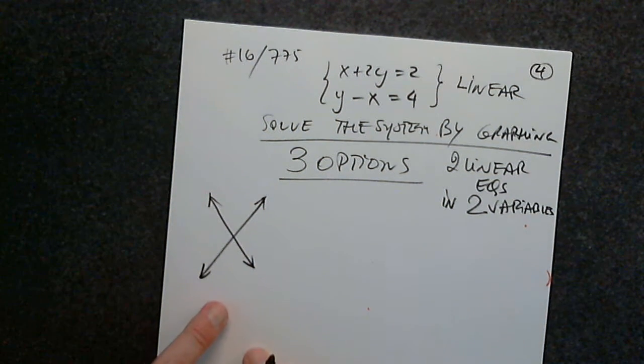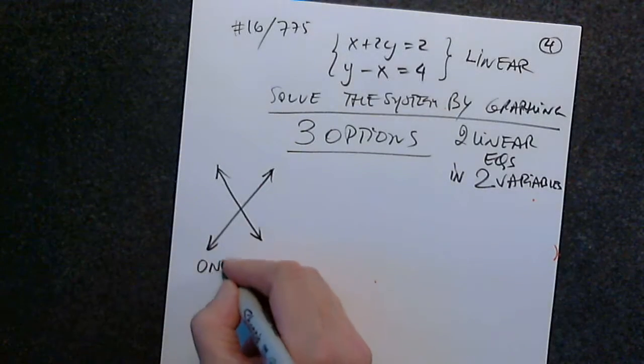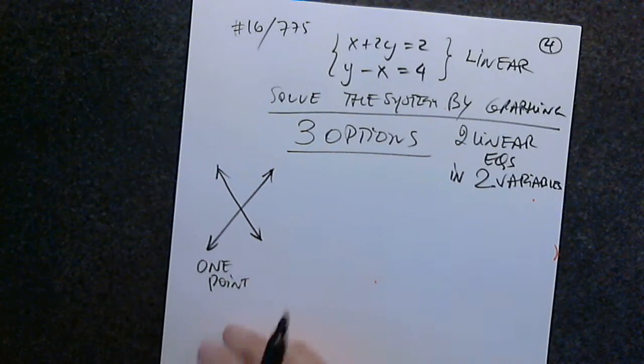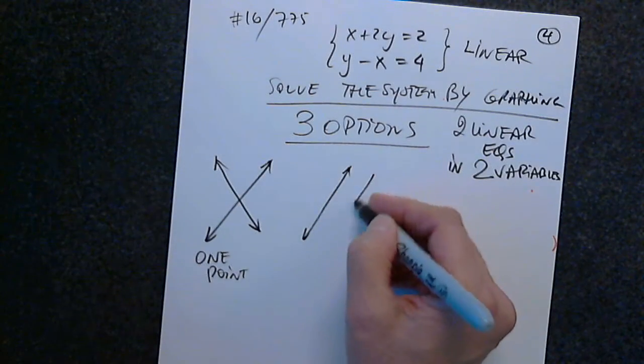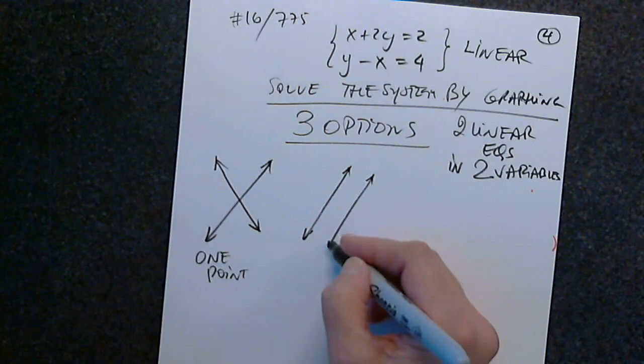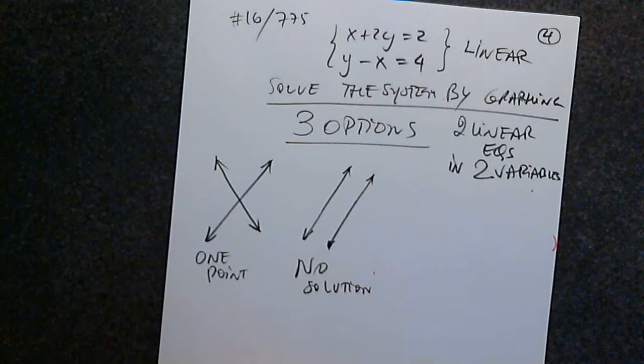This does not mean a perpendicular or anything like that. It just means that they meet in one point as the solution. The second option, no solution. They do not meet. They are parallel lines.